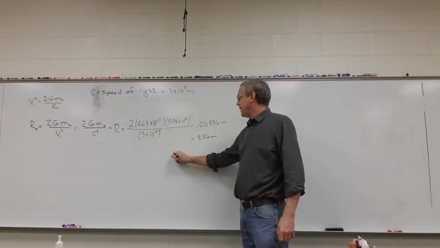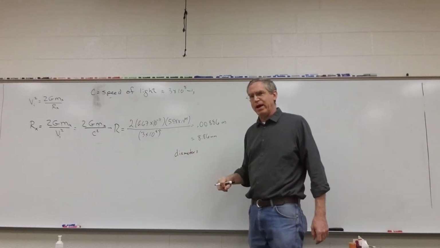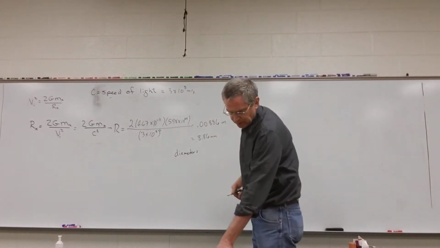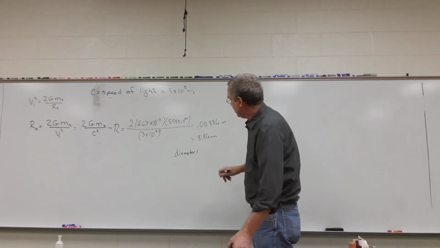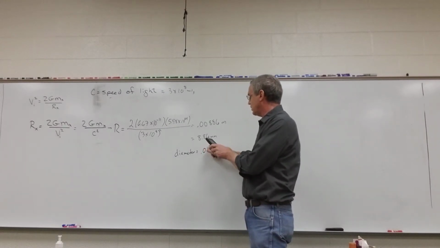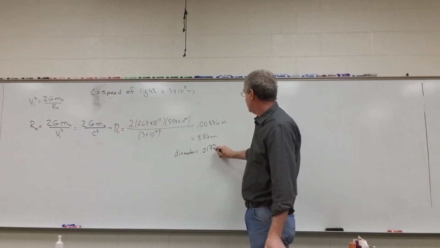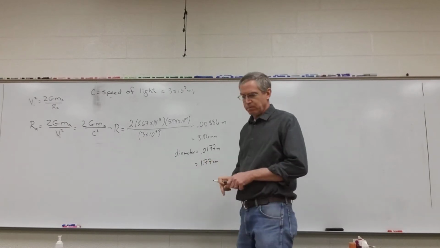And so the diameter of the Earth, if it became a black hole, would just be double that, 0.0177 with rounding, meters, or 1.77 centimeters.